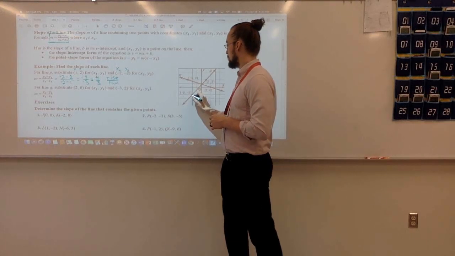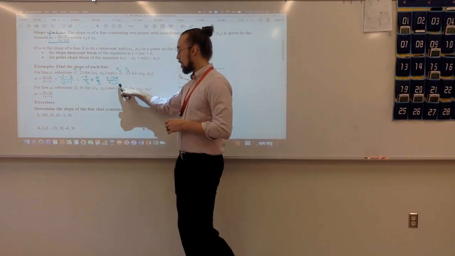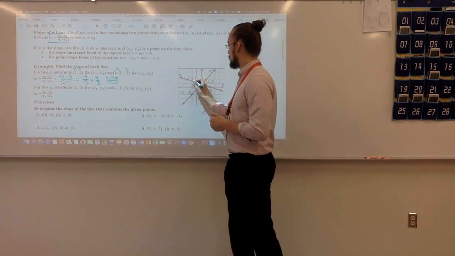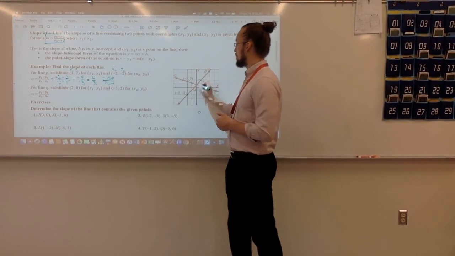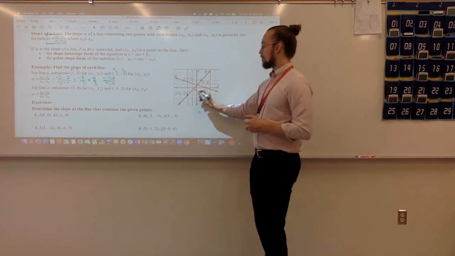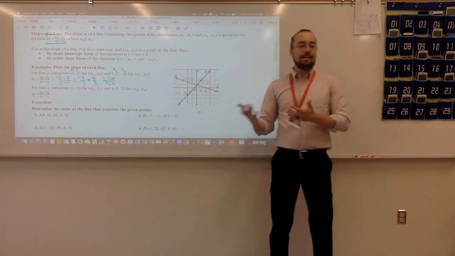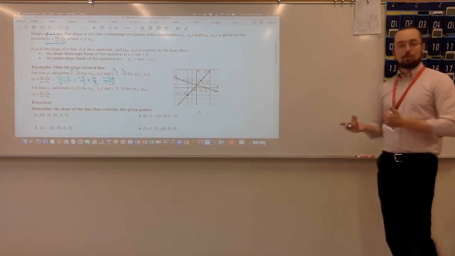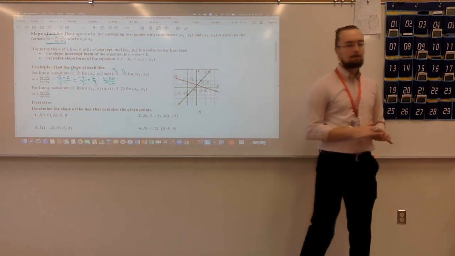So if I start at this point, I'm going to go up 1, 2, 3, 4, and then my run is how far to the right I go. So I'm going to go over 1, 2, 3. So the slope of my line is up 4 over 3. That's how I state how steep this line is. It has a slope of 4 over 3. You okay with that one?